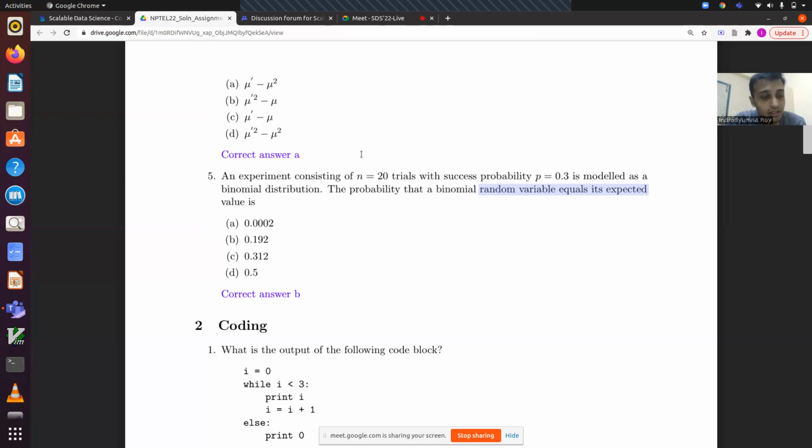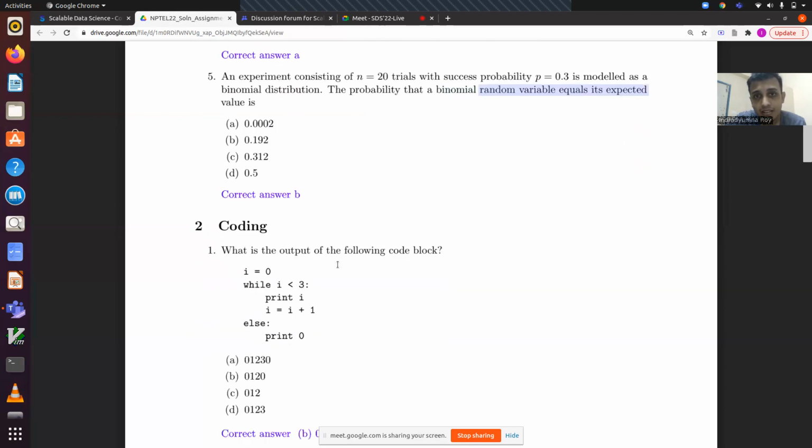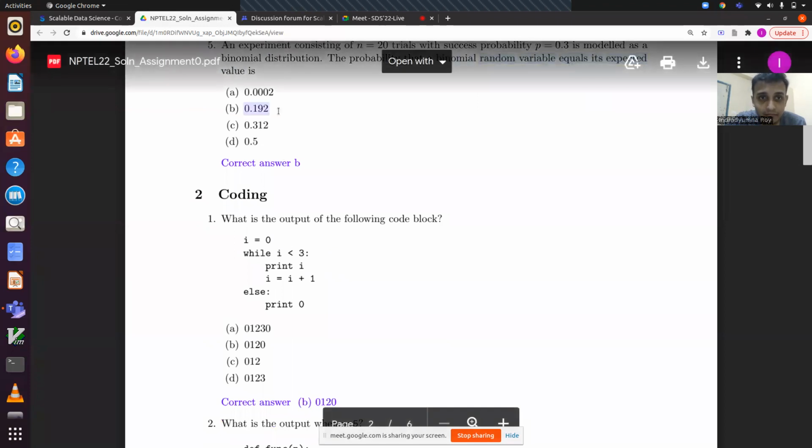If you solve it using a calculator painfully, then you will get it. Okay, I'll do it, sir. You will get around 0.19164. I actually wrote a code to check.